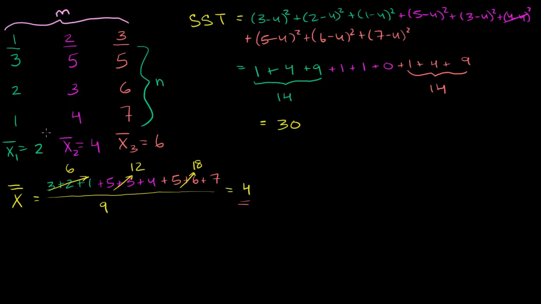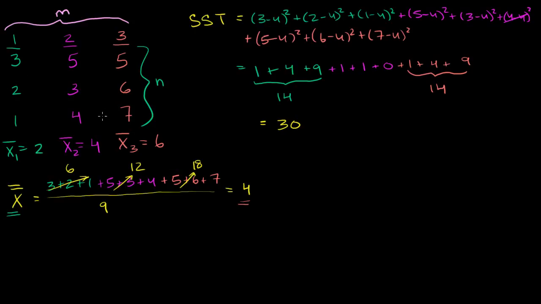So our degrees of freedom, and remember, you have however many data points you had, minus 1 degrees of freedom. Because if you knew the mean of means, then only 9 minus 1, only 8 of these are going to give you new information.